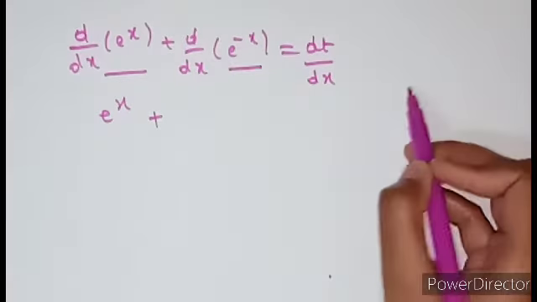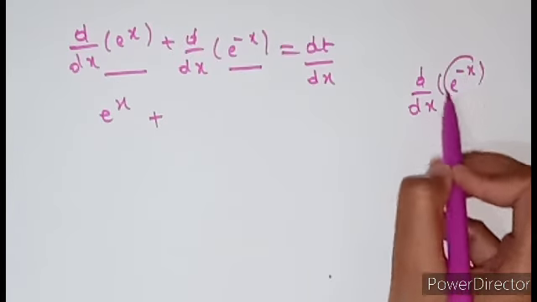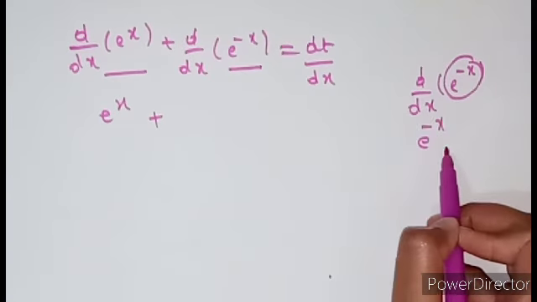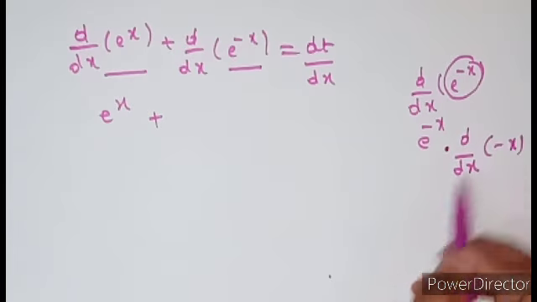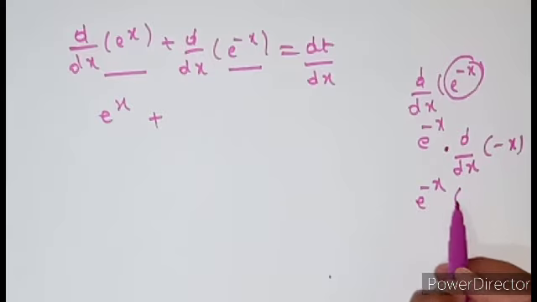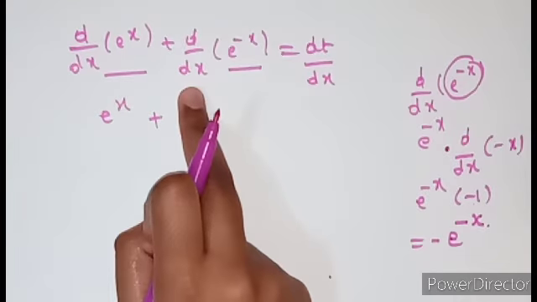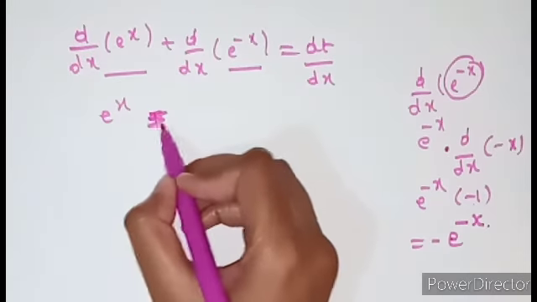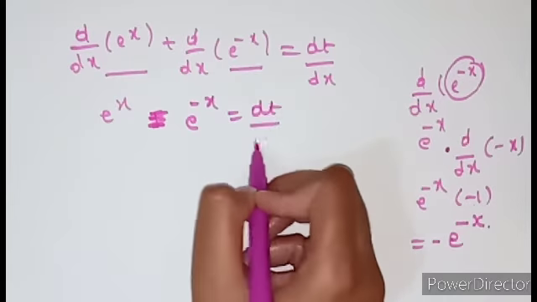The derivative of e power minus x is e power minus x itself, then take the derivative of minus x, which is minus 1. Multiplying minus 1 into e power minus x, we get minus e power minus x. So this is the derivative of e power minus x. So e power x minus e raised to minus x equals dt upon dx.